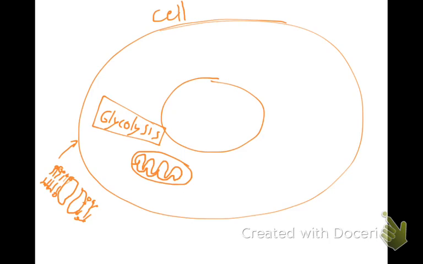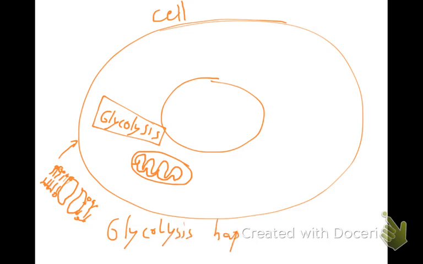So glycolysis actually has almost nothing to do with the mitochondria, at least in terms of what it's doing or where it's doing it. It is going to be important for the mitochondria in terms of what it gives to the mitochondria, but in general, glycolysis happens... Ooh, I spelled glycolysis wrong. That is unfortunate. Glycolysis.